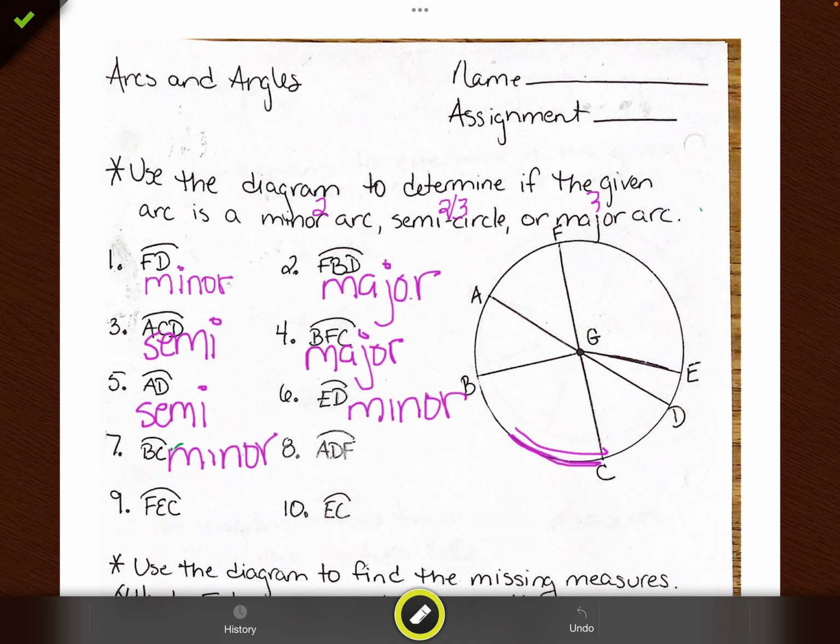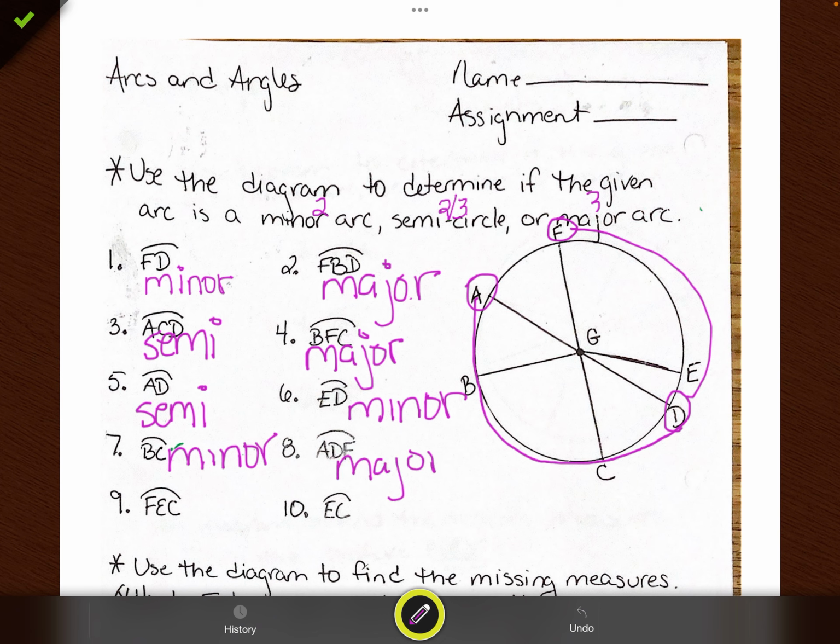Then we do arc ADF, again, shortest distance. A to D to F. If you caught yourself going the other way, you don't want to hit F before you hit D. That's not how we wrote it. A to D to F, semi or major. That is bigger than a semicircle, so that is major.